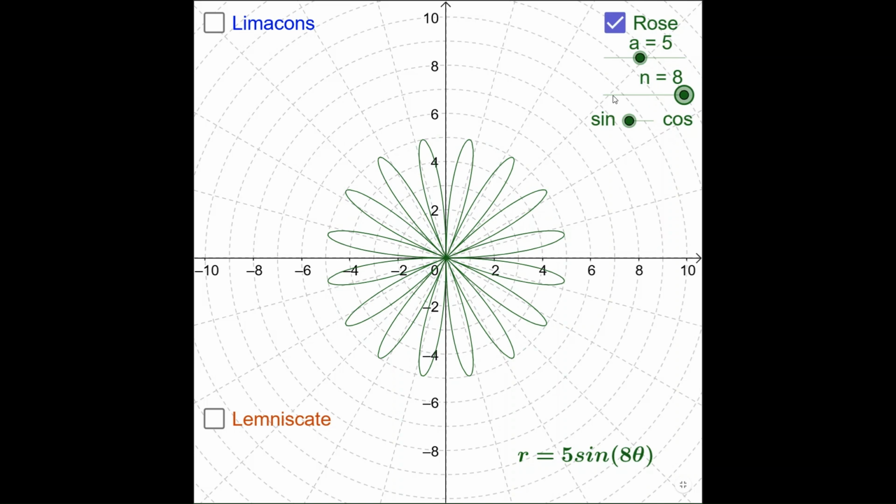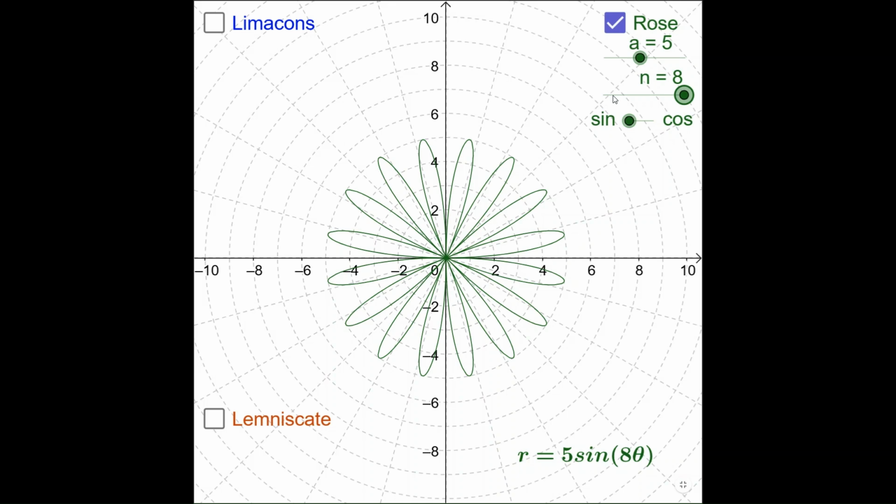Okay. And this is the sine function. Notice for the sine function, where are all of these 16 petals? So for r equals 5 sine of 8 theta, again, there are 16 petals. They all have radius 5. They're all evenly spaced, so 2 pi divided by 16 now. That's how far apart they all are.